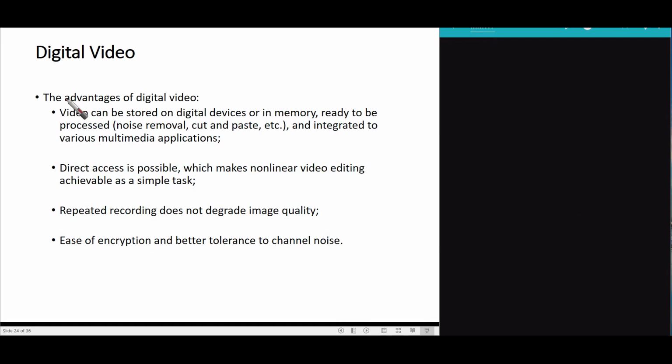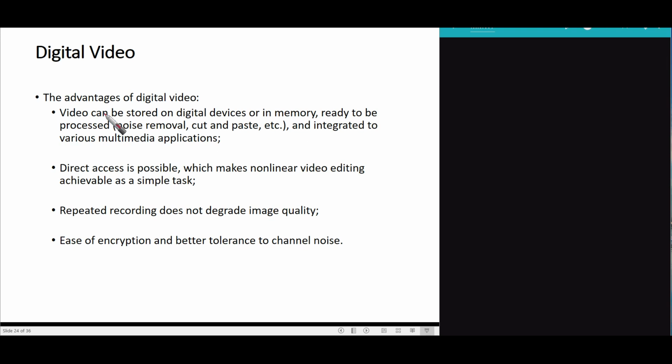So see, the advantages of digital video are many. For example, video can be stored on digital devices, and it is also ready to be processed, so that you can remove the noise, you can copy, and you can also incorporate various other kinds of multimedia applications.